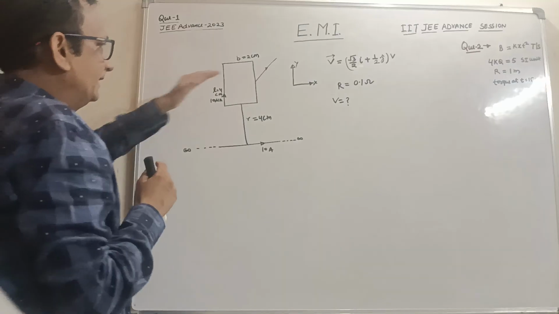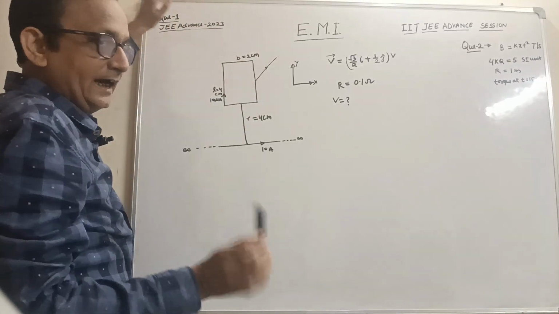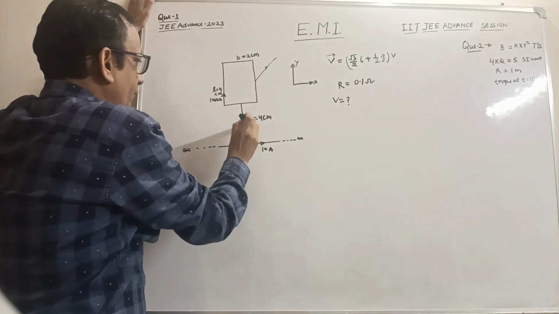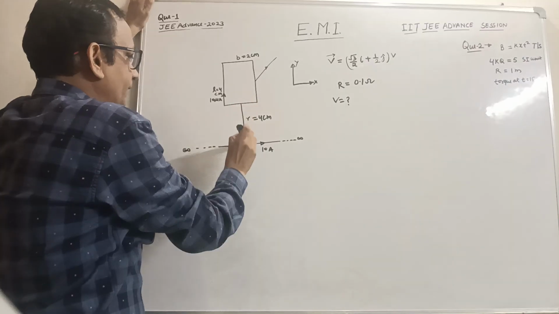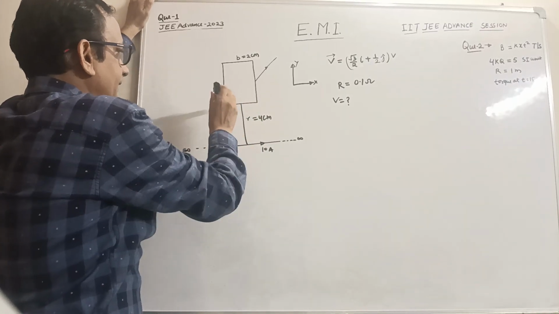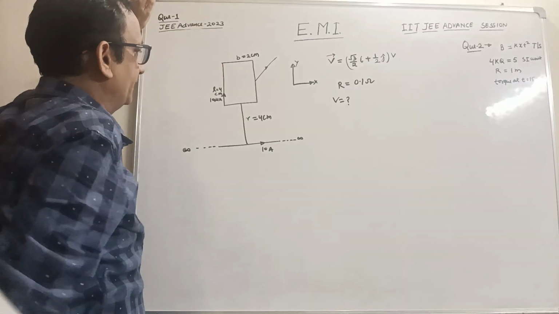We have to find the velocity of the loop at the instant when the loop is at a vertical distance of 4 centimeter, and at that instant the current flowing in the loop is 10 microampere.